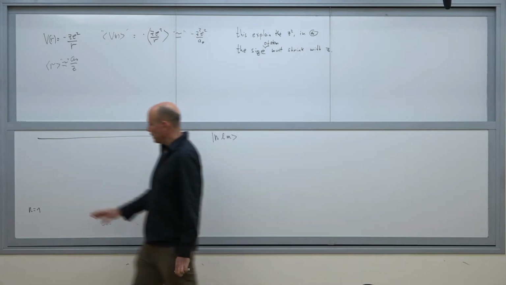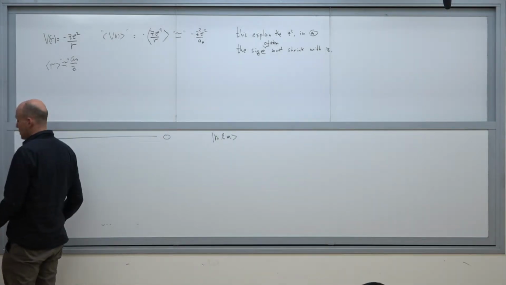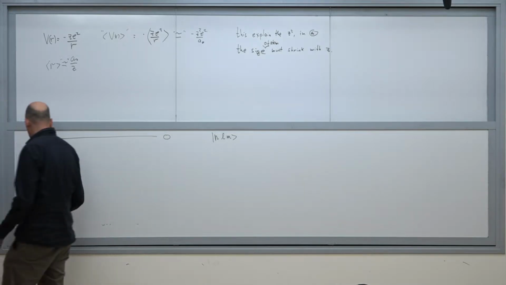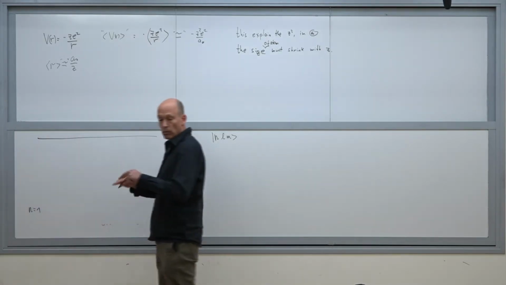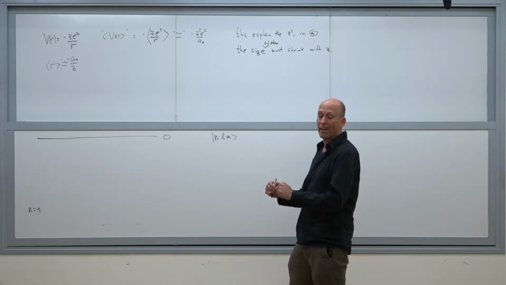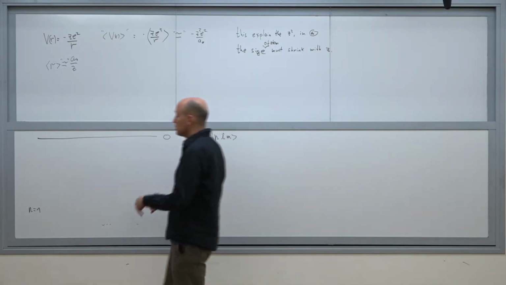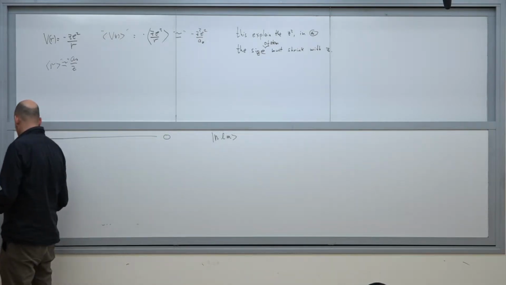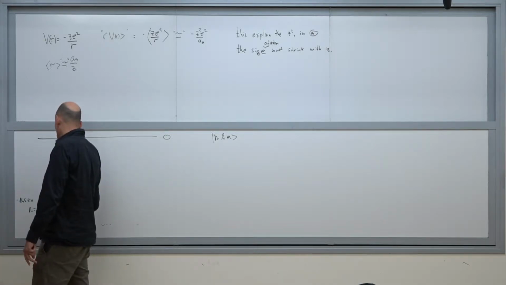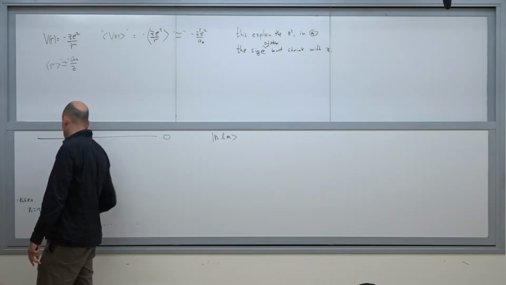So when I fix n equals 1, that is the lowest level, because the energy is minus 13.6 over n squared. So this is minus 13.6 electron volt if Z is equal to 1. So I have here a state.